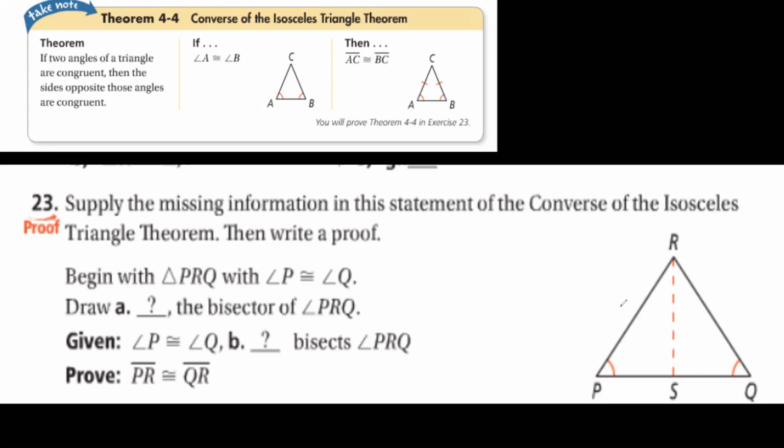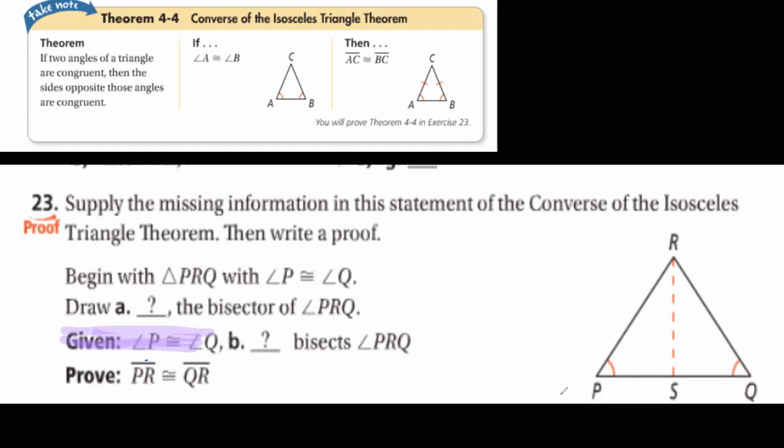So, begin with angle P and angle Q. Given angle P is congruent with angle Q. Let's say that they are given.